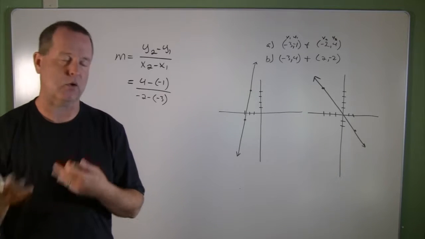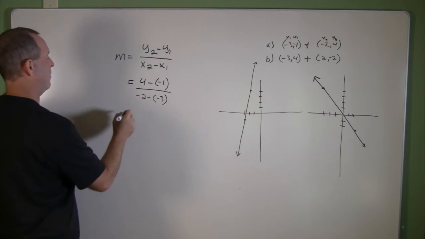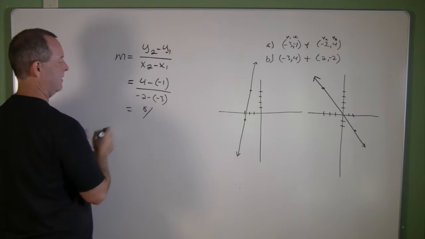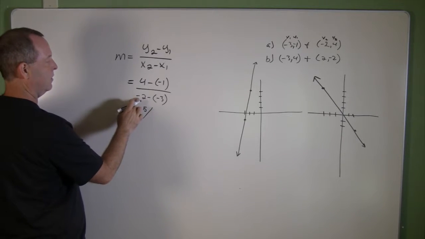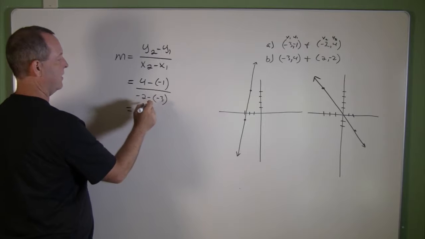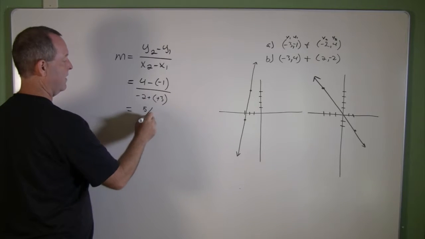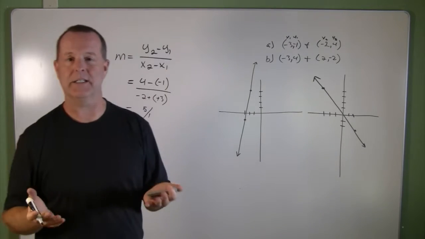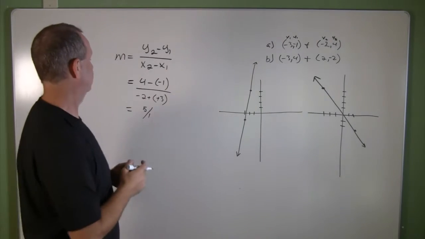And now from there, I just crunch it through my brain. 4 take away -1 gives me a 5. And then on the bottom, I have -2 take away -3, which becomes a 1. So the slope for this first one is a slope of 5.